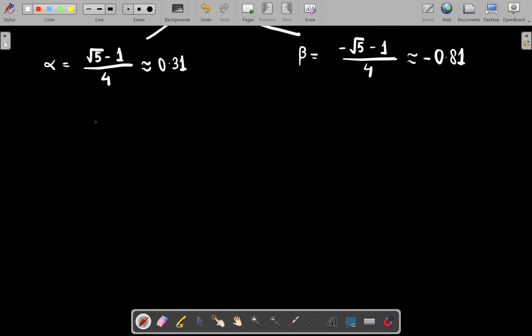The thing that we need to observe is that in both these roots the mod of alpha is less than 1 and the mod of beta is also less than 1. The absolute values of both these roots are less than 1.